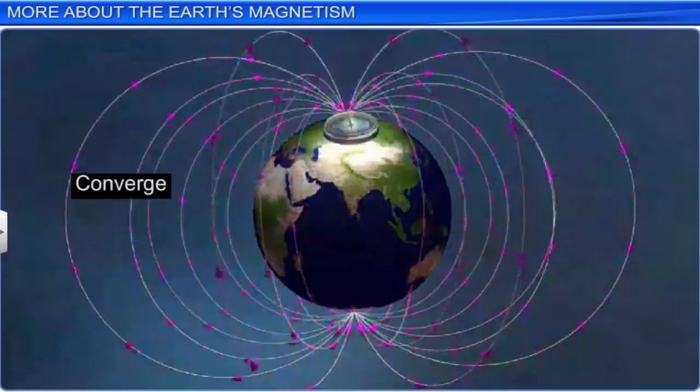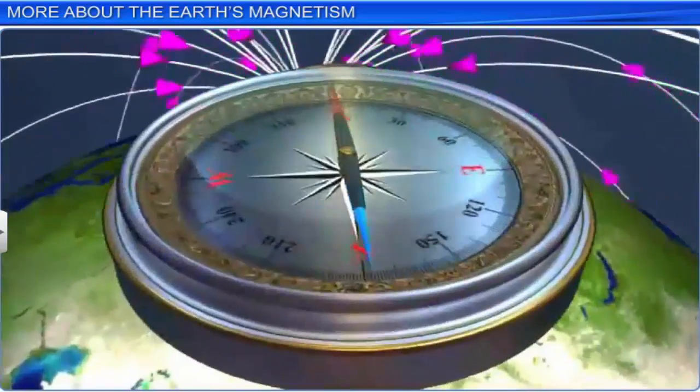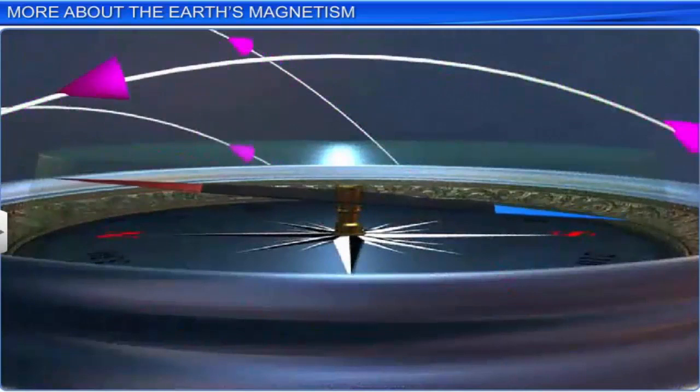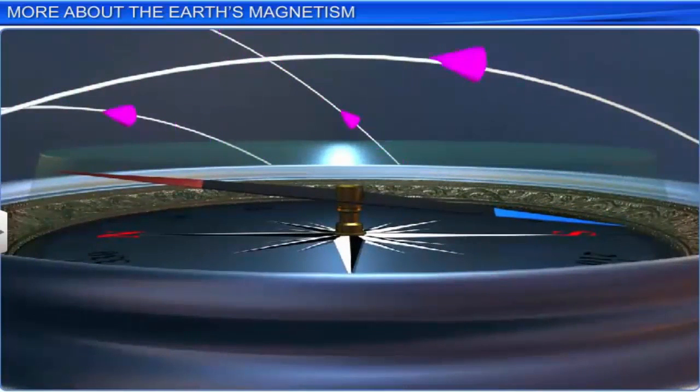Hence, the horizontal component of the magnetic field is negligible. This means that the needle can effectively point in any direction. Thus, in terms of the path-finding ability, the compass is rendered useless at the poles.